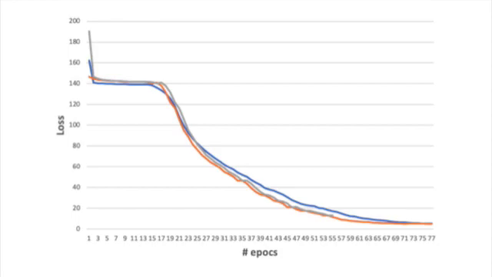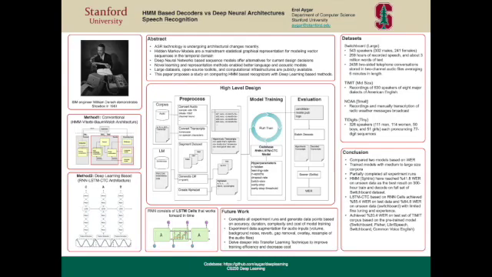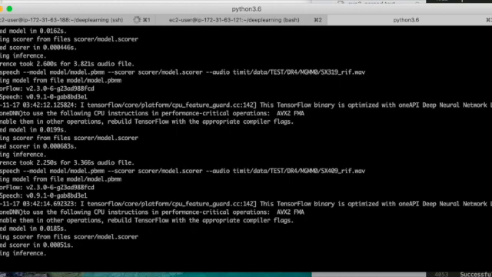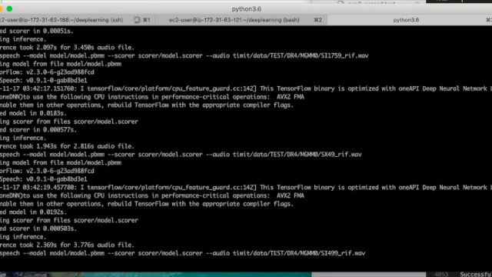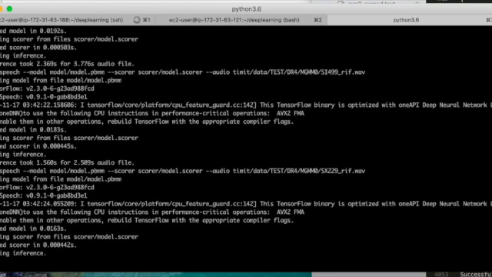The number of epochs, number of hidden layers, early stop, dropout rate, and learning rate are some of the hyperparameters that I played with, and I came up with a good number and used that number for my training set. And in conclusion, I compared two models based on word error rates.